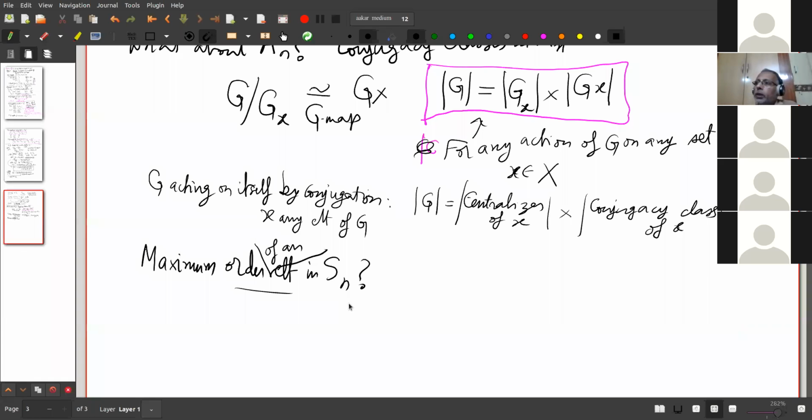Yeah, you just look at the cycle type and then take the LCM of the different things involved. So the question is, what is the maximum LCM I can get out of a partition of n? You have a partition of n, and what is the maximum LCM I can get out?